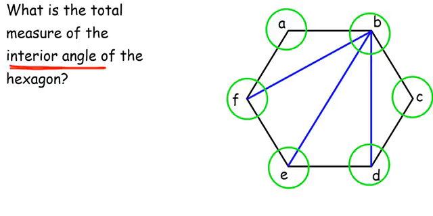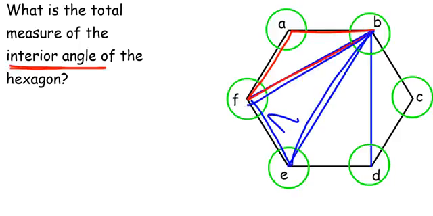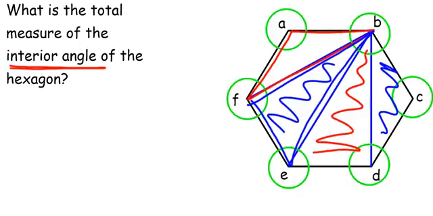Because as we look at our diagonals, what we can notice is that we've formed triangles. There's one triangle. Here's a triangle in this space, right? We would say there's a triangle here, and then of course there's a triangle right here.